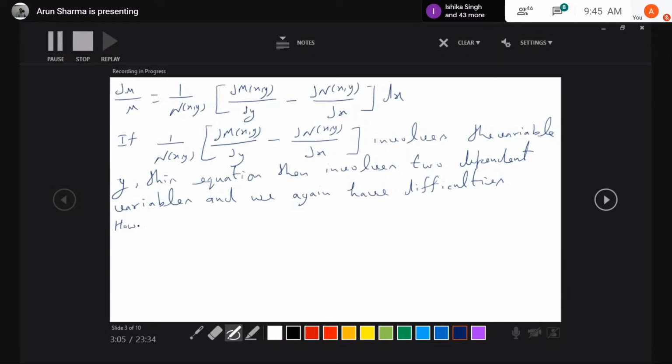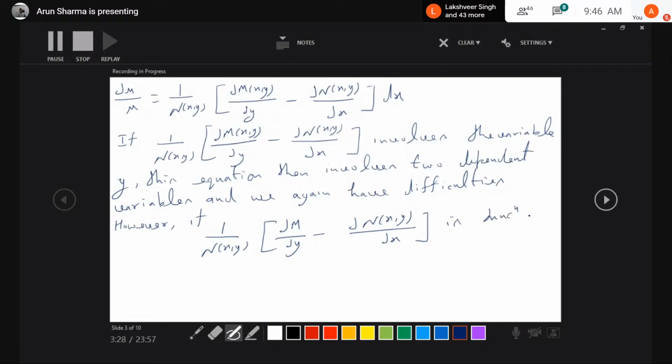However, if del M upon del y minus del N(x,y) upon del x is a function of x, then everything is fine. We can solve this equation now. So it is del mu upon mu, or you can write d mu, because this mu is just a function of x.